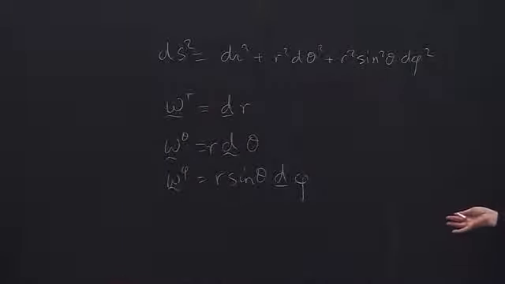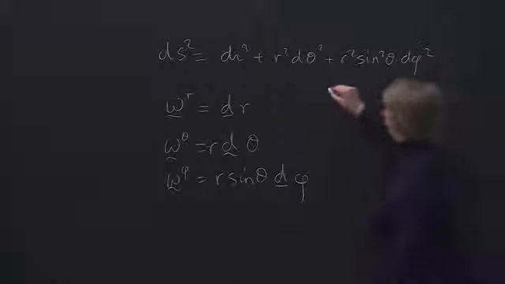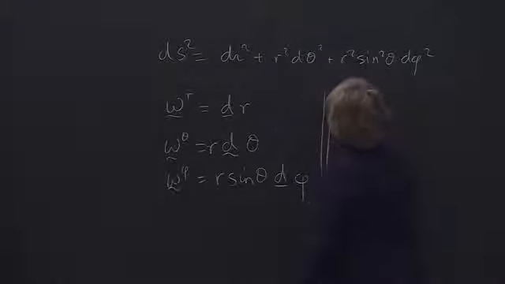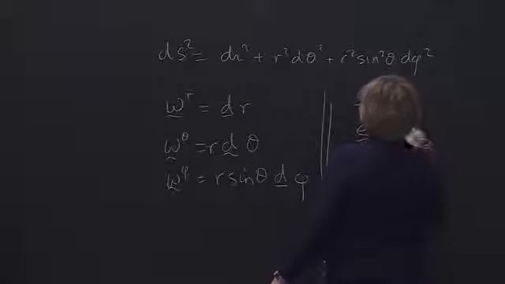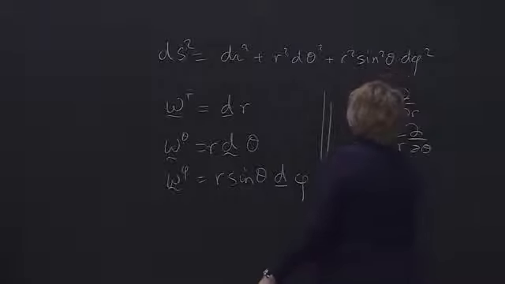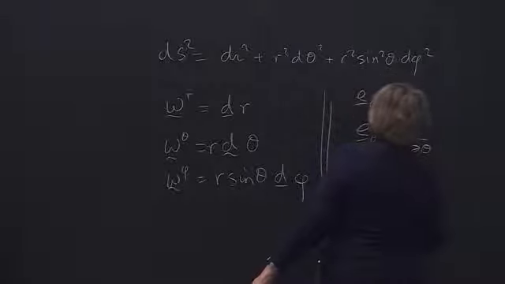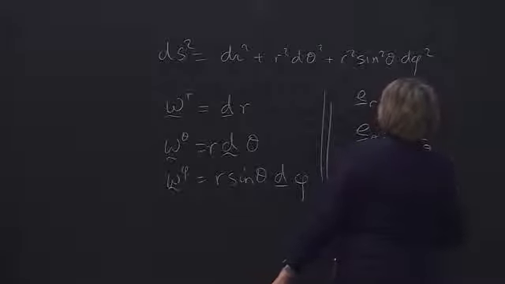So that's how I would define my basis of one forms. And you can see that my E r would be d by dr. E theta would be d by d theta, but with a 1 over r. E phi would be 1 over r sine theta, d by d phi.